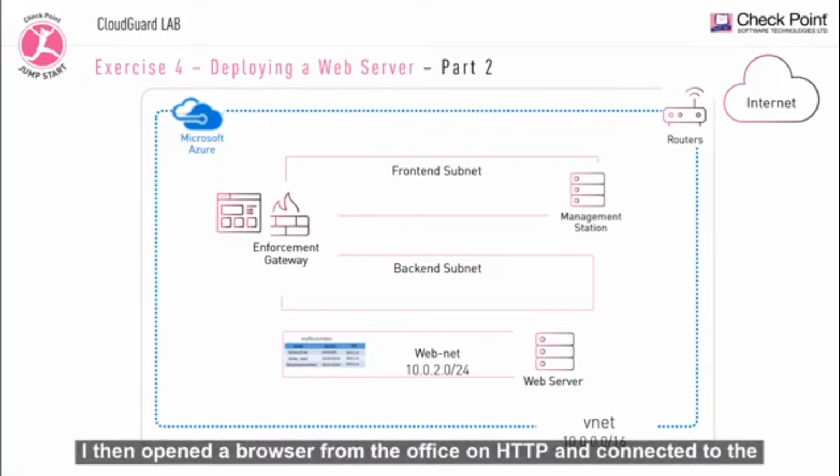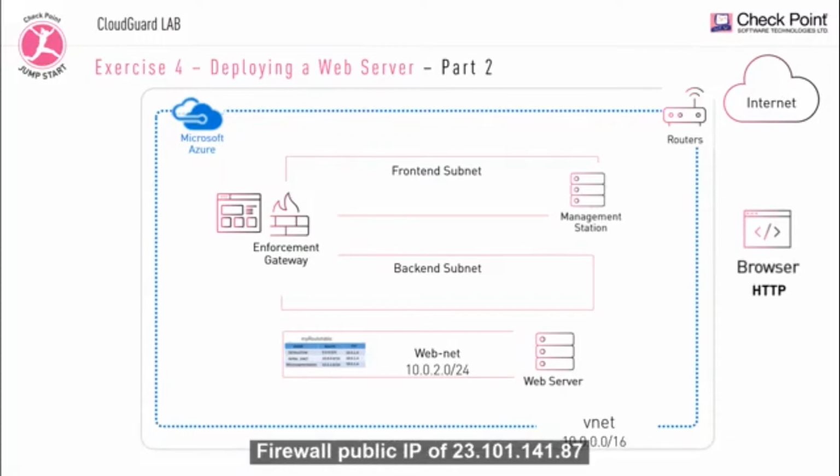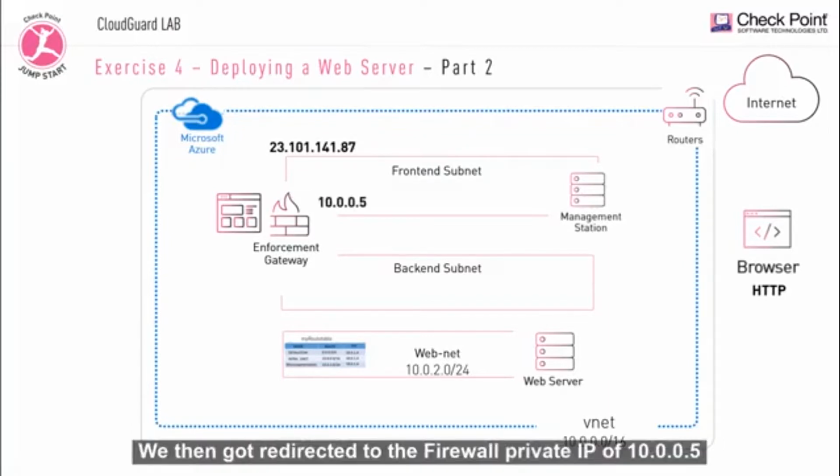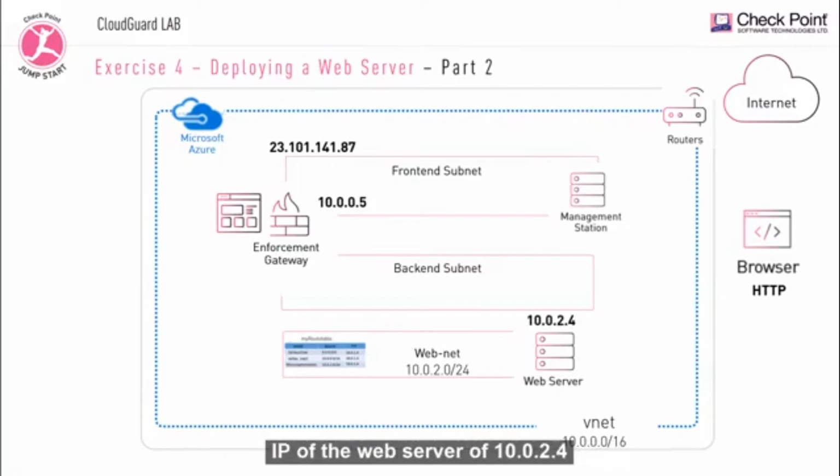I then opened a browser from the office on HTTP and connected to the firewall public IP of 23.101.141.87. We then got redirected to the firewall private IP of 10.0.0.5. Then the firewall port mapped HTTP to the NATed IP of the web server of 10.0.2.4.